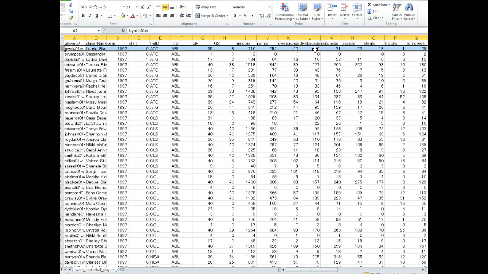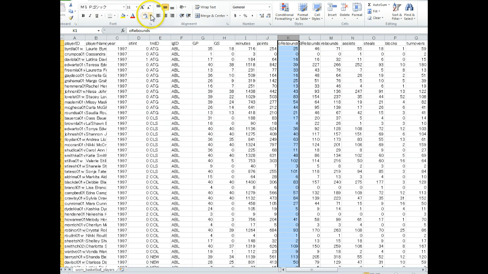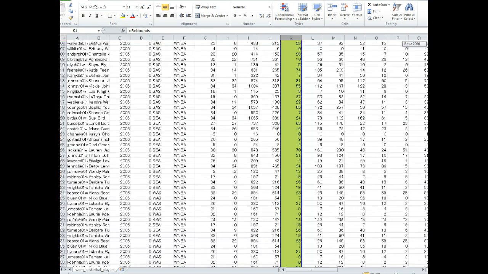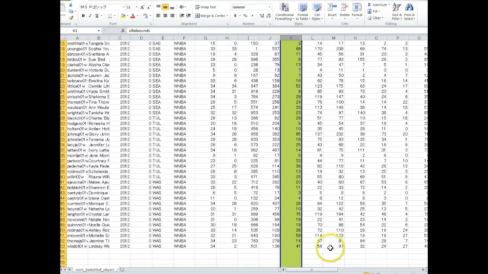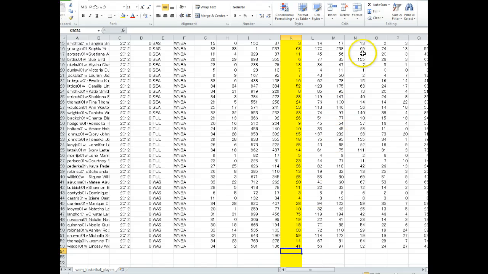So one thing you could do is find the average rebounds. And that's easy to do in Excel. This is the column. Let me just mark it so that I can see it. Okay, so that's the column. You just go down to the bottom, click in the bottom cell, and you just click here, and you get the average.